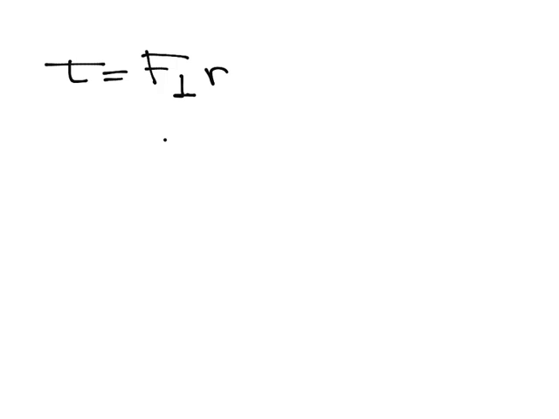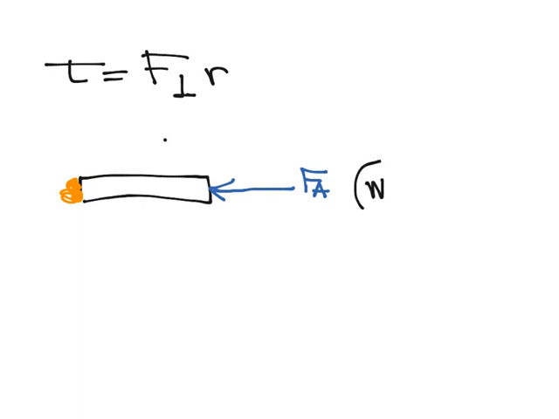To show you what I mean by force perpendicular, let's go back to the example of the door. Instead of drawing a side view, I'm drawing a top-down view where this is the door, and we're looking down at where the door would be. Here's the hinge in orange. Say your door's at a certain position. If you apply a force at the handle, but towards where the door is pivoting, then it's not going to pivot.